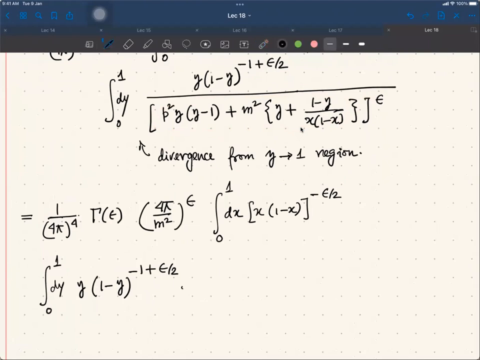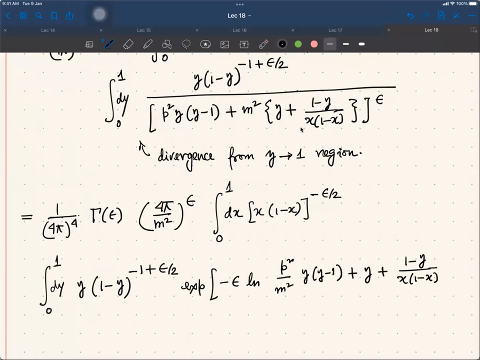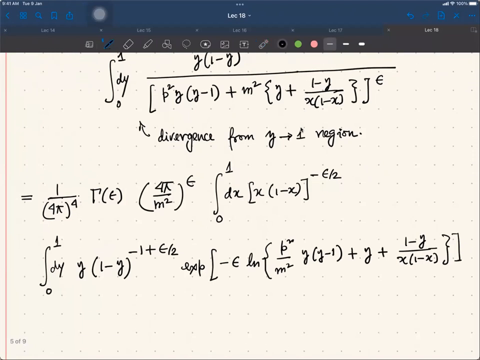So that I will write as exponential minus epsilon log p squared over m squared.